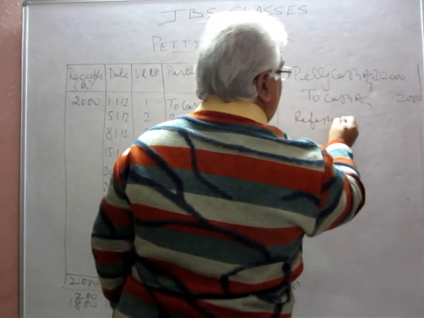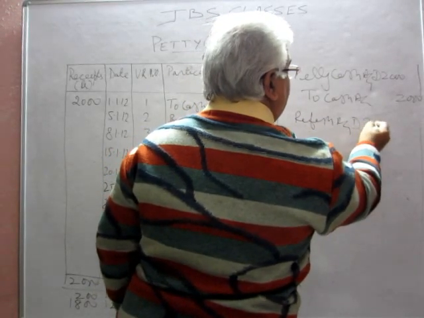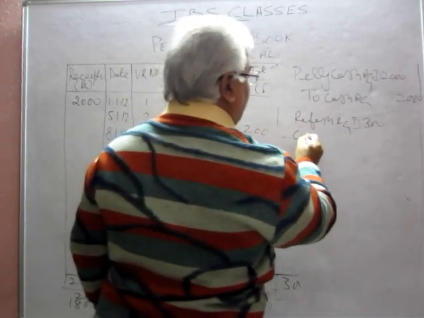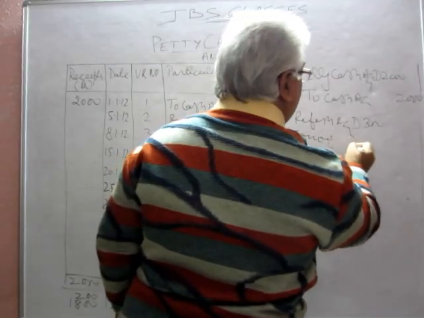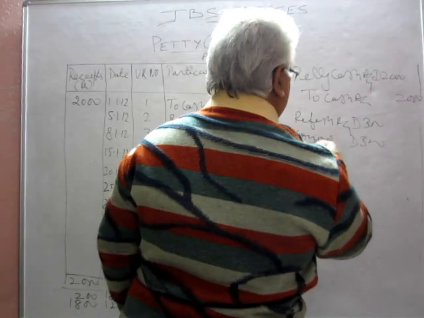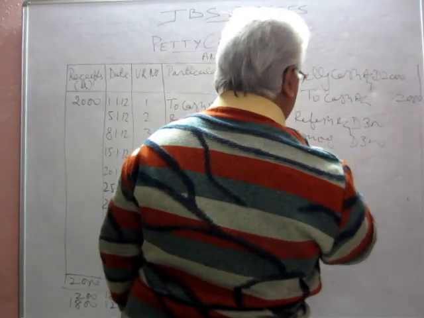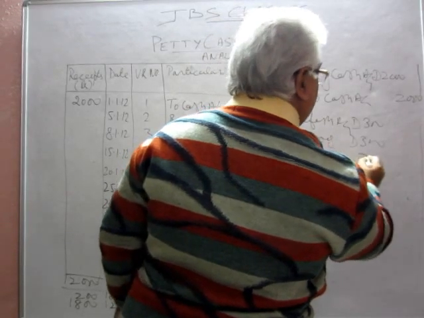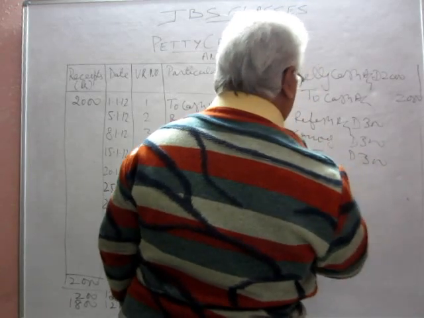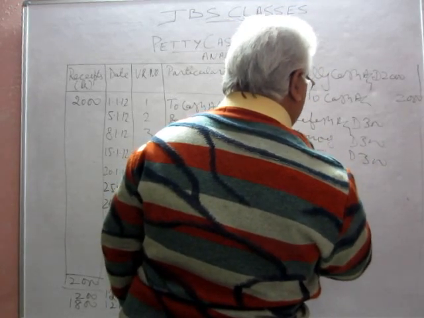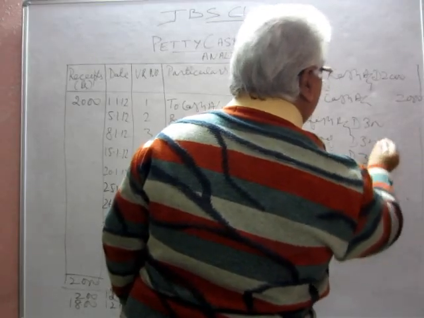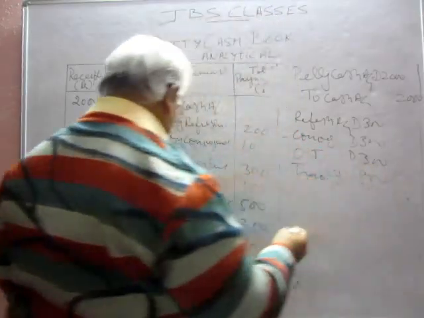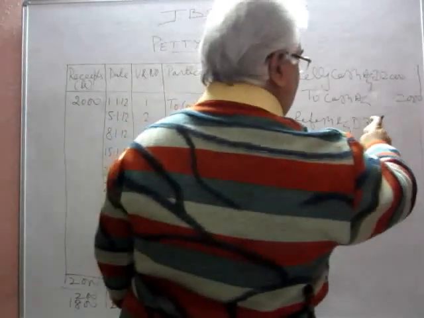Refreshment account debited 300 and what was the other one? Conveyance 300 and the other was again I think refreshment, conveyance, OT 300. Then you had I think traveling 800. Okay, let us see.